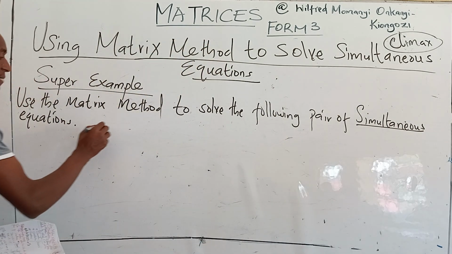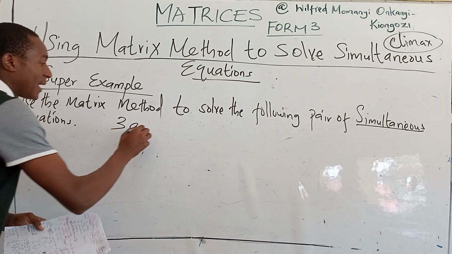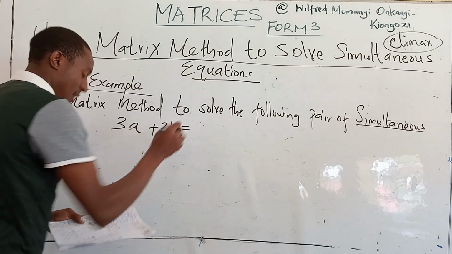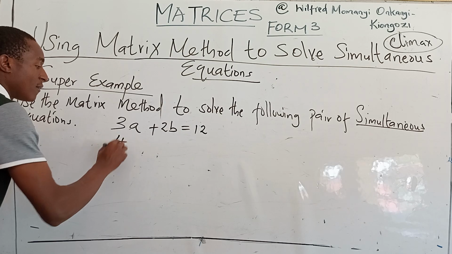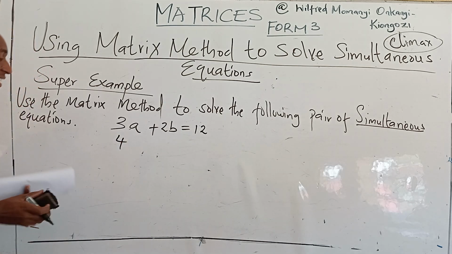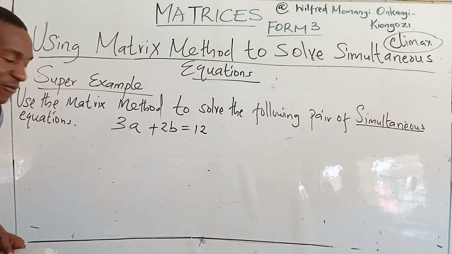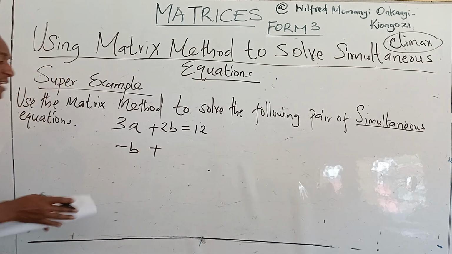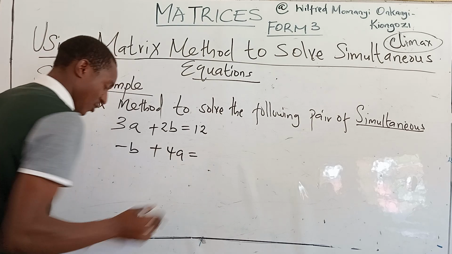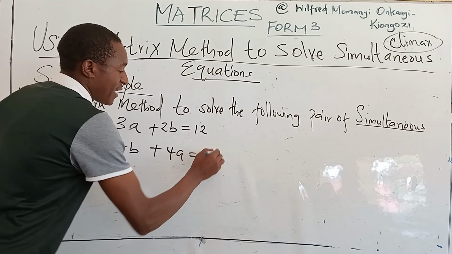Now, the simultaneous equations are 3a plus 2b is equal to 12. And another one, actually let me alter it a little, let me confuse it a little: minus b plus 4a is equal to 5.